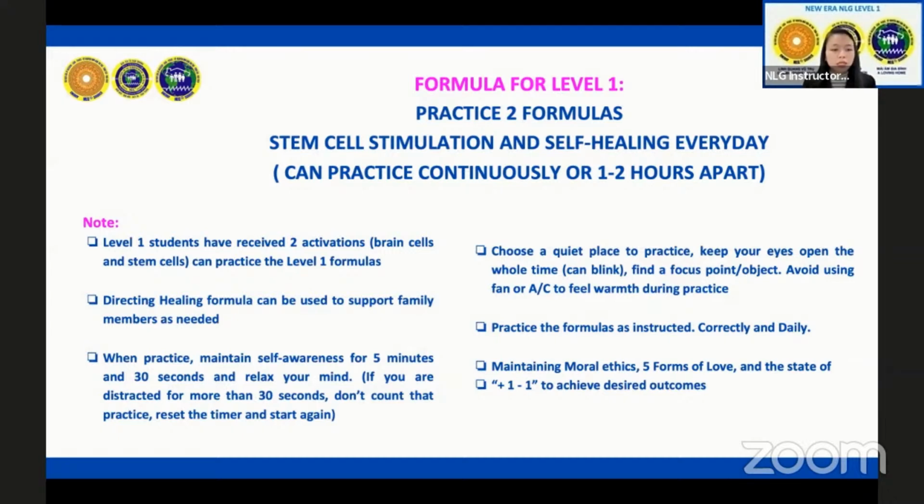When practicing, maintain self-awareness for 5 minutes and 30 seconds and relax your mind. So don't be too stressed about it. And of course, it comes with practice. A lot of the time when you first practice it, it can feel a little bit stressed, a little bit stiff.